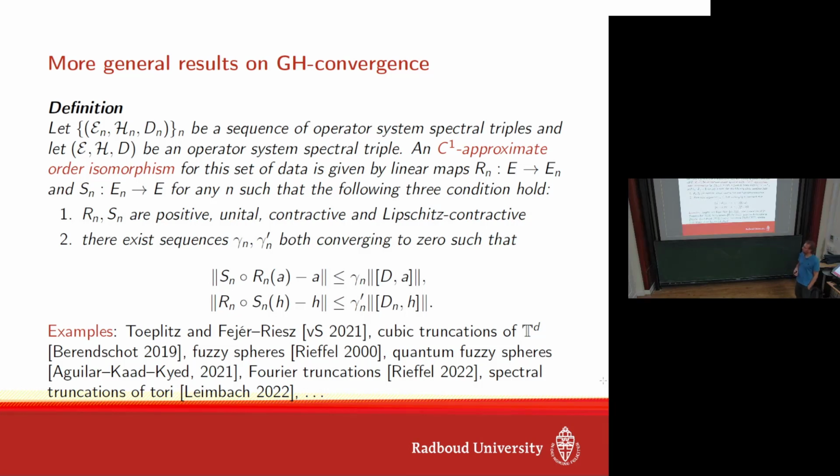So it's like a tensor product of circles. Fuzzy spheres, but of course done way before this, and that's actually initiating this whole line of reasoning. Also quantum fuzzy spheres fit in the framework, but were of course shown independently and before. All of these Fejér truncations that I showed you were generalized. They also showed that it converges to the system. And then later we will talk about the spectral truncations of tori.